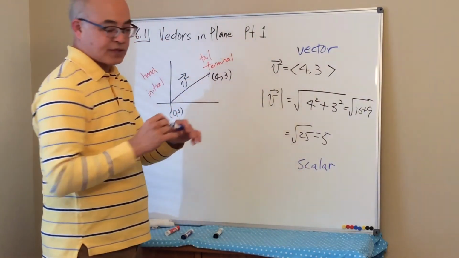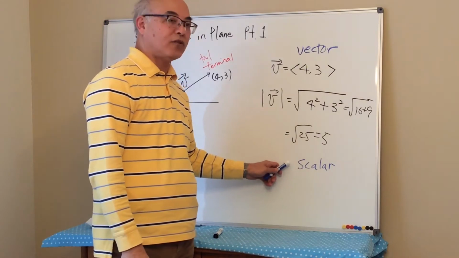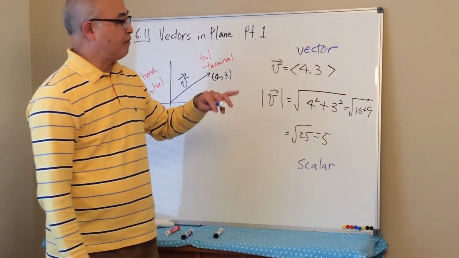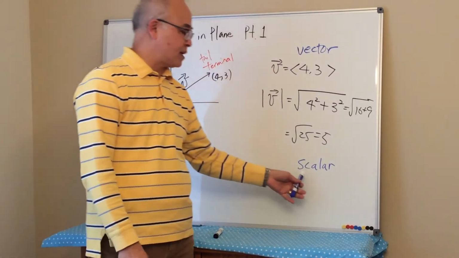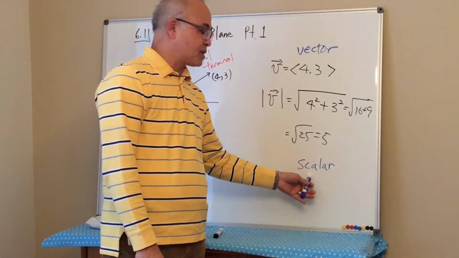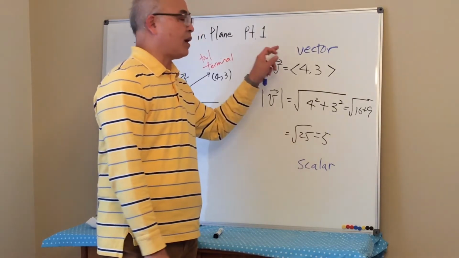That's the difference. A scalar does not have a direction; it is magnitude only. In other words, velocity is a vector because velocity has a direction, whereas speed does not have a direction. So the speed would be the scalar component of a velocity vector.